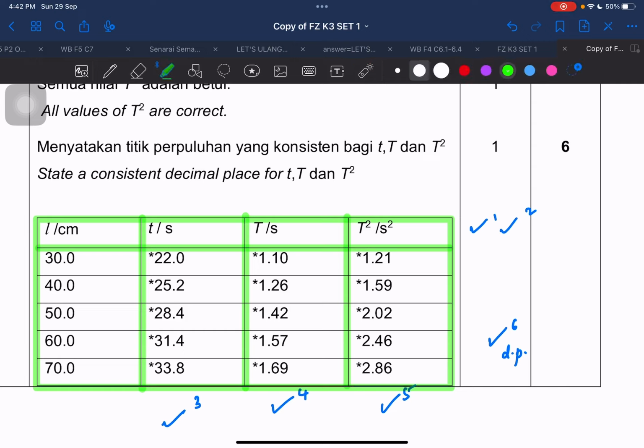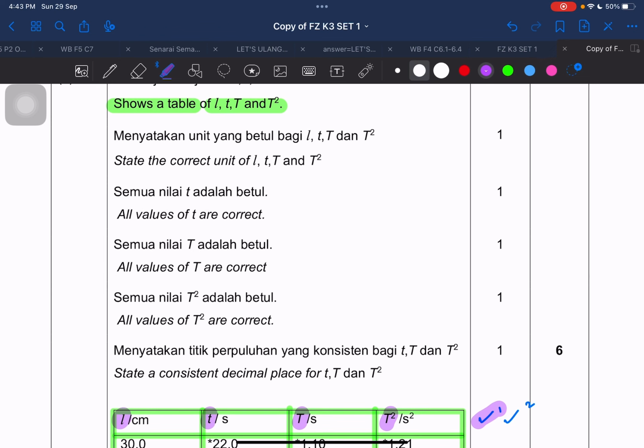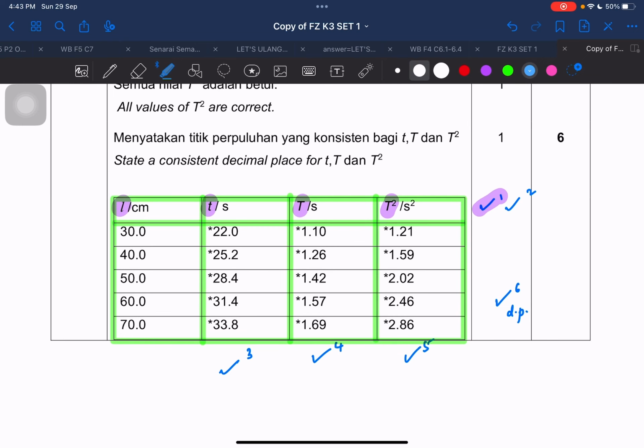I'd better use color. 1, 2, 3, 4 with the green border, that will be tick 1. Tick 2 is the unit. State the unit of L, T, and T square. Centimeter here, second square. Then you get tick 2.